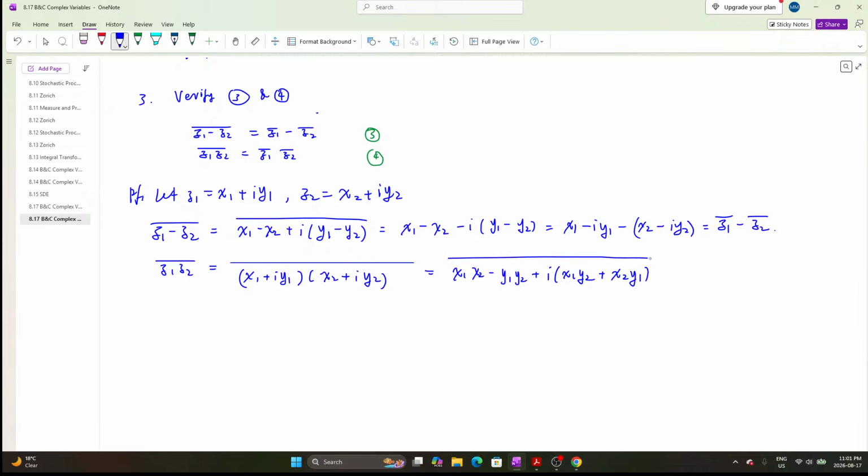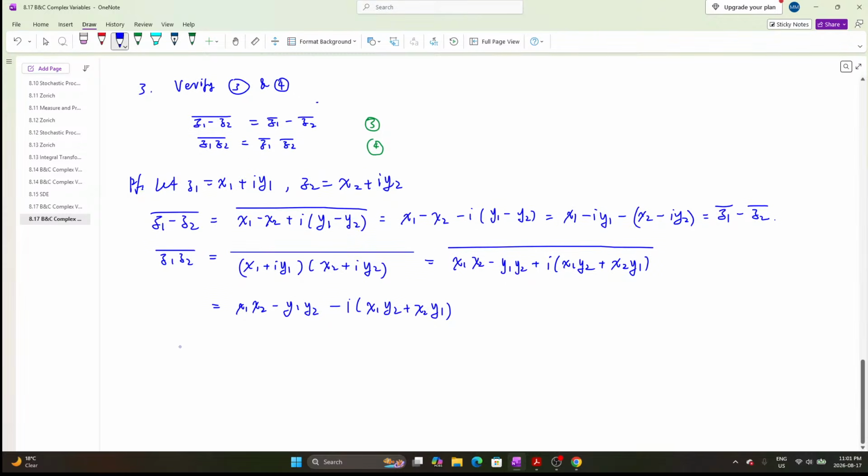And then taking the conjugate, you get x1 x2 minus y1 y2 minus i times (x1 y2 plus x2 y1). But this is unclear, so let's evaluate the right-hand side of 4 to see whether it's the same as the left-hand side.